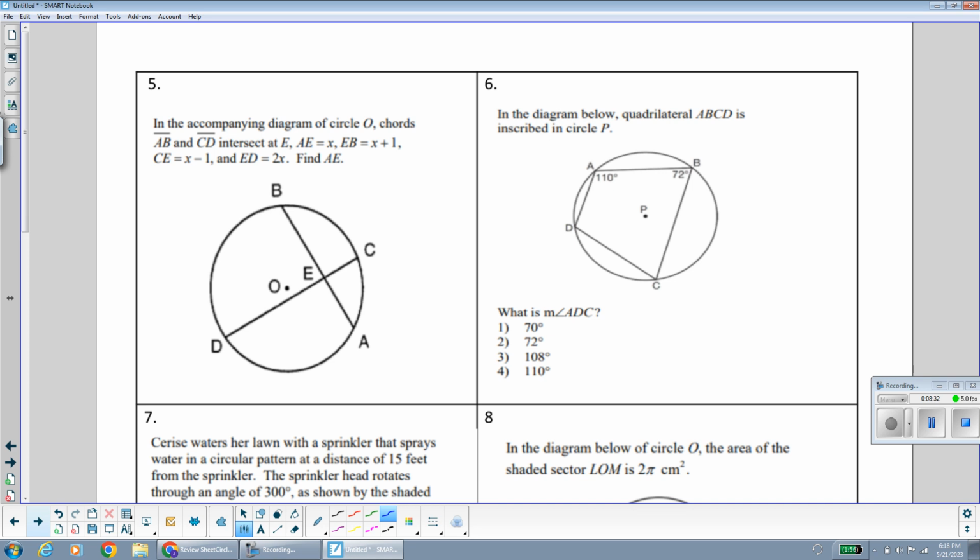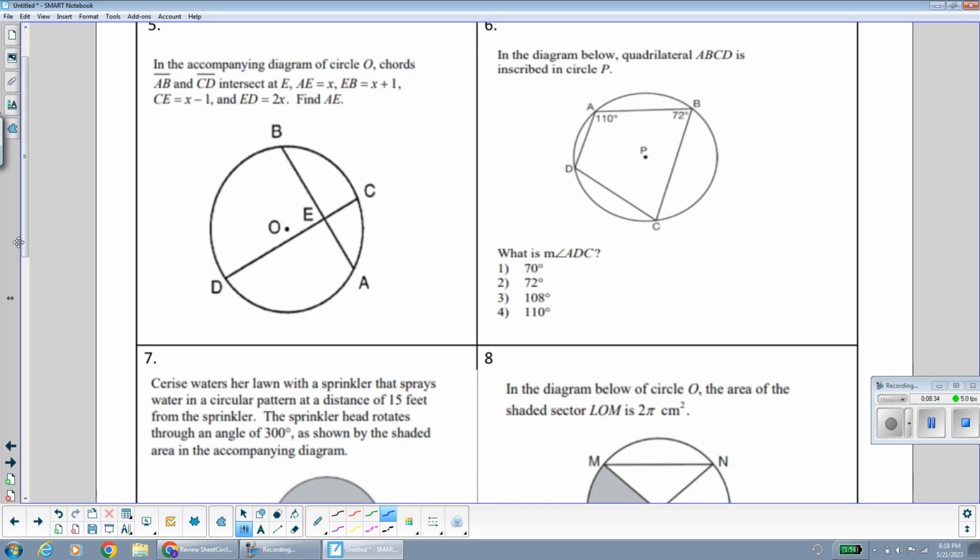Moving along. In number 5, notice how we have intersecting chords. And in the question, it's telling us the length of segments. AE is x, EB is x plus 1, CE is x minus 1, and ED is 2x.